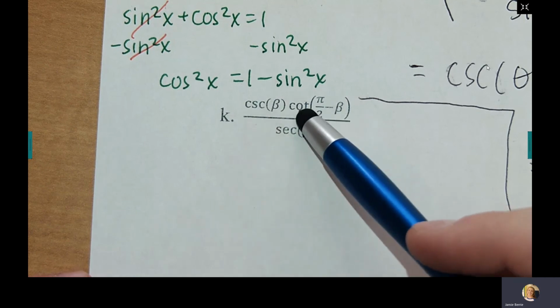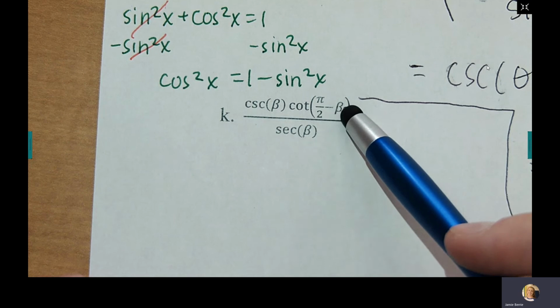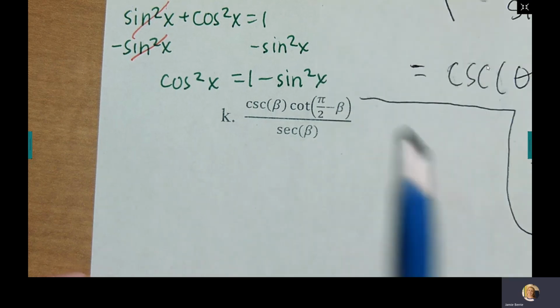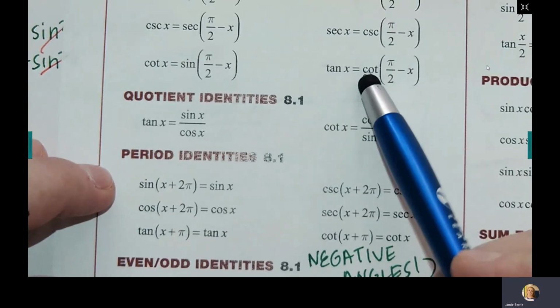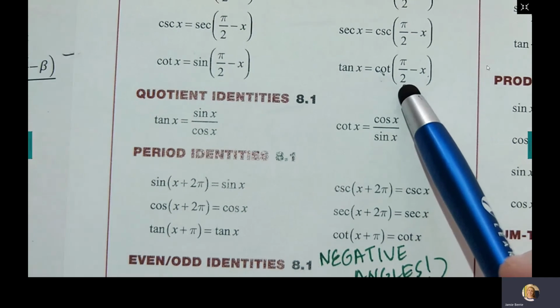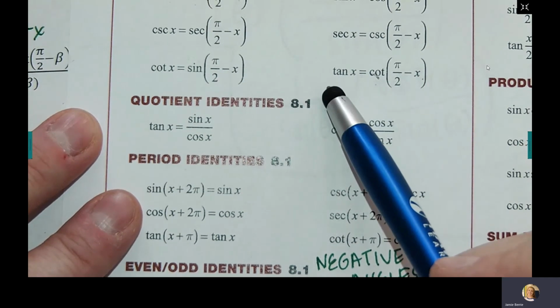So what do y'all see when you look at this that stands out? Yeah, cofunction. So we have an angle here, pi over 2 minus beta. When you see pi over 2 minus something, then you think cofunction. We're looking for cotangent. So here's cotangent right here. Cotangent of pi over 2 minus x. Ours is beta, right? So cotangent of pi over 2 minus beta is the same thing as tangent of beta.